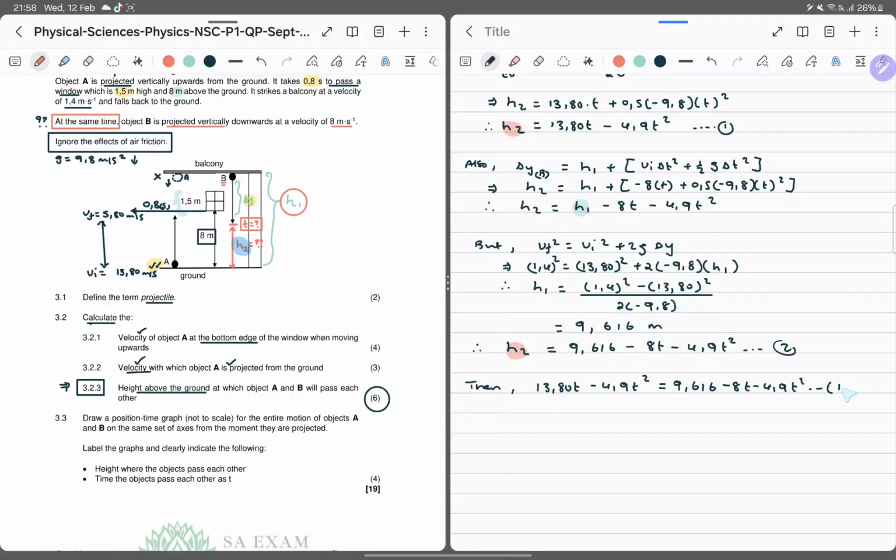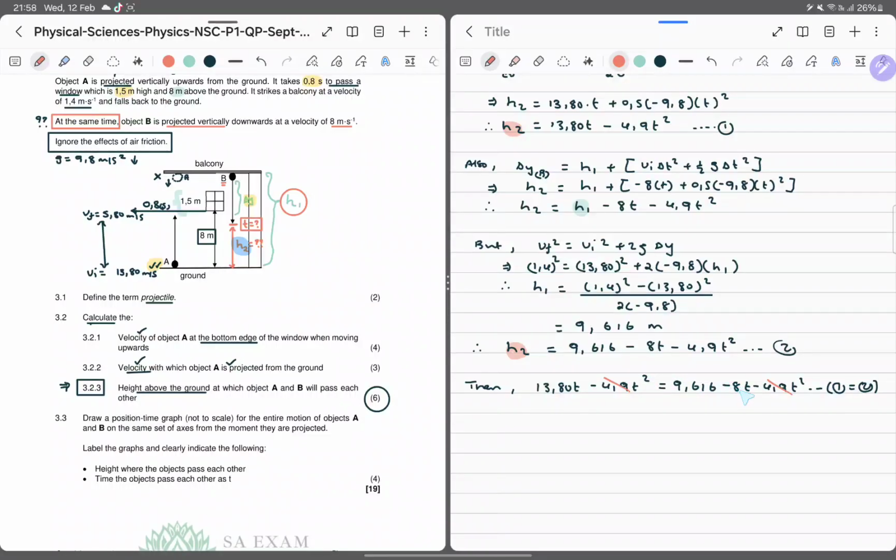Of course, this is because equation 1 is equal to equation 2. You can justify it, or you can leave it out. Somebody understands that those were both defining that h2. So we just simplify. Now we can see that maths comes in, mathematical gymnastics. This and that will cancel out because they're of the same sign on either side of the equal sign. So when you transpose one side to the other, they actually cancel out to 0.